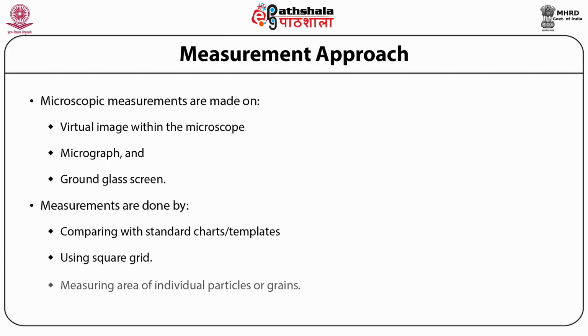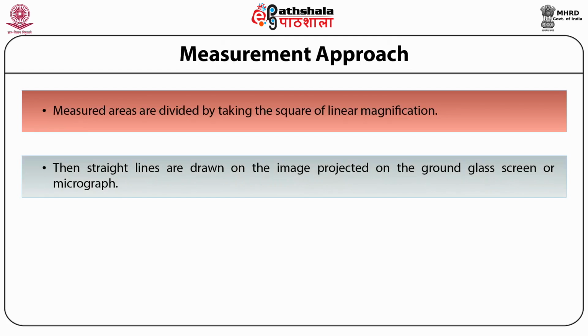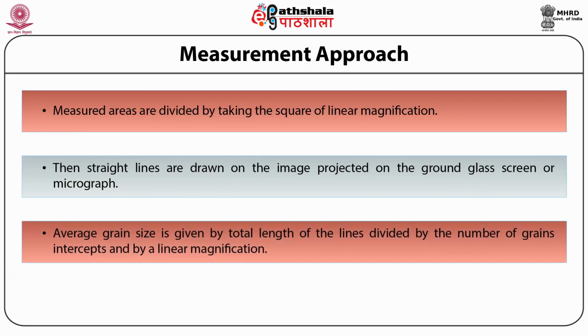Third, measuring the area of individual particles or grains can facilitate the measurement. The measured areas are divided by the square of the linear magnification, then straight lines are drawn on the image projected on the ground glass screen or micrograph. Average grain size is given by the total length of the lines divided by the number of grain intercepts and linear magnification.